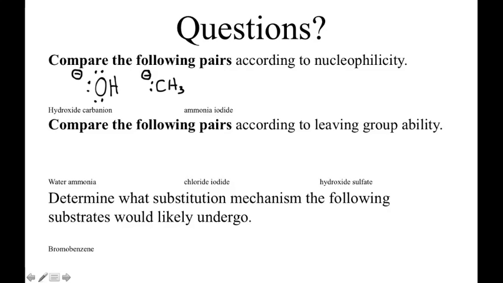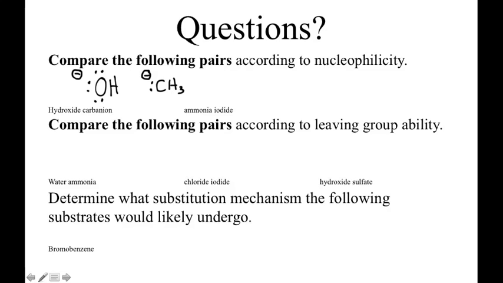Both of these have lone pairs, so we'll move to our next rule. Our next rule said that we had to have negative charge. Both of these have negative charge, so we'll continue on from there.